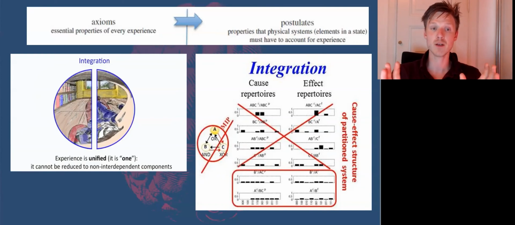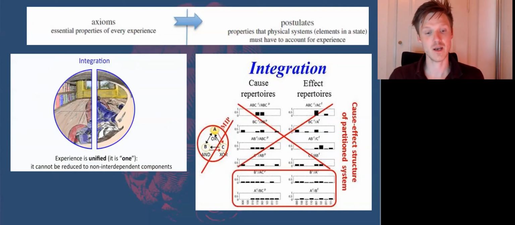We would be able to measure the difference in integration, and that would give us an estimate of integration, or phi, for your personality. To what extent is your personality irreducible? How important is integration for that system? This analogy with personality is exactly the same thing, you could say, with consciousness.